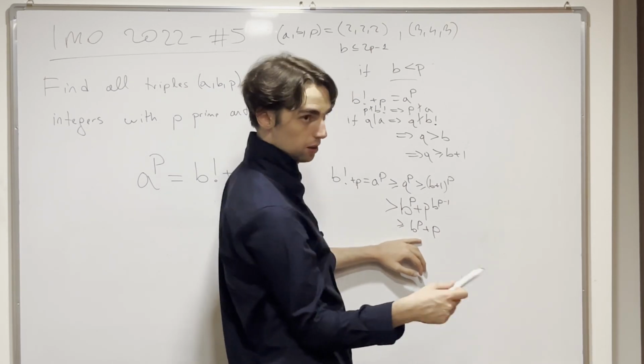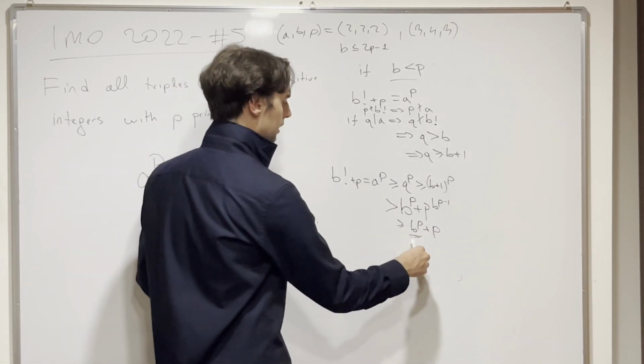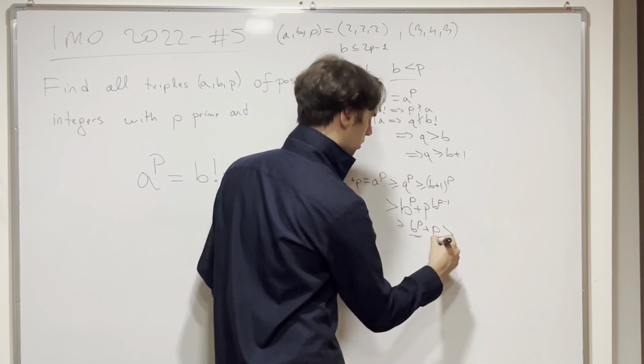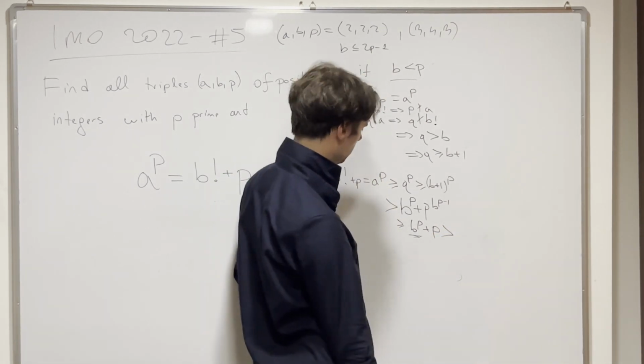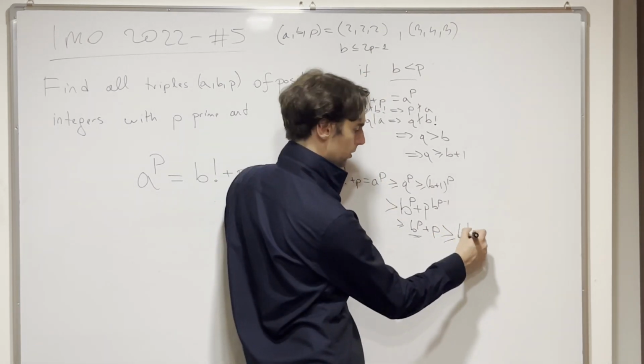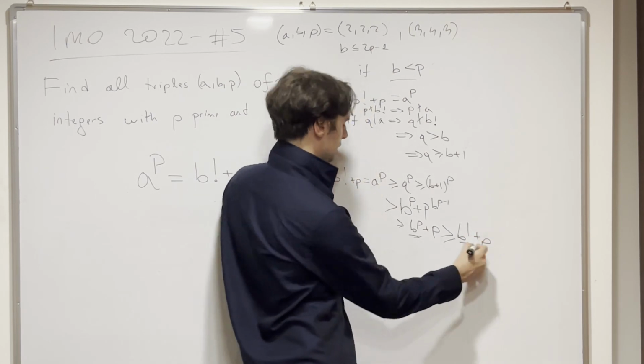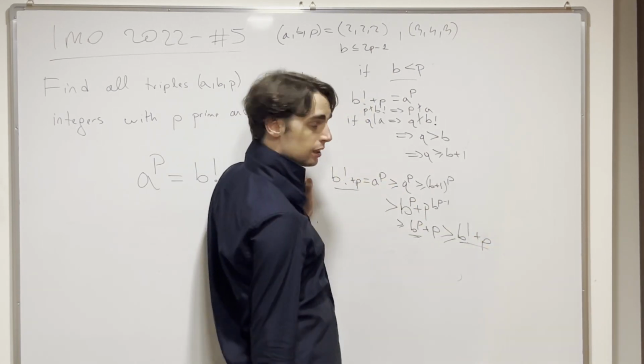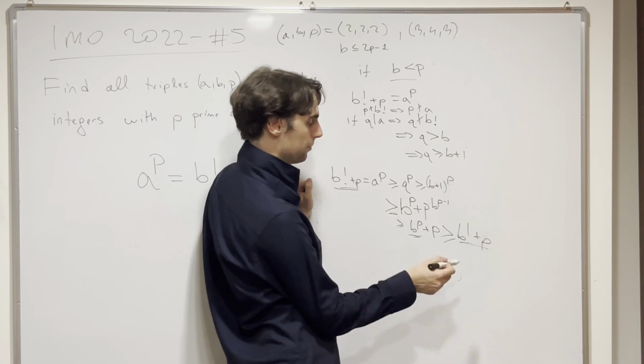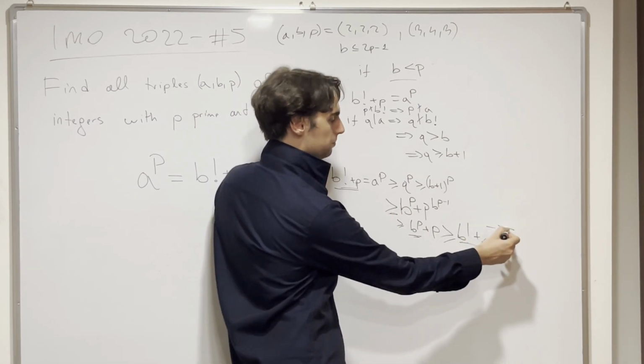And now we get our contradiction, because this thing is strictly greater than b factorial, greater than or equal to b factorial plus b. We have this strictly less than this, and that's a contradiction.